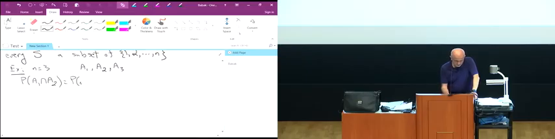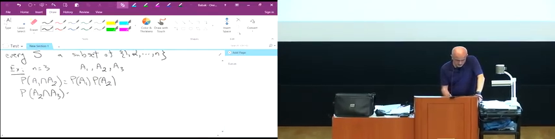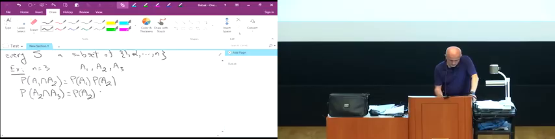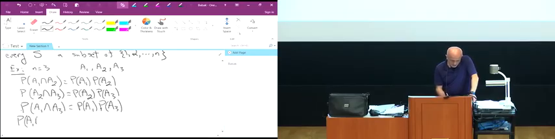Everybody. The probability of A1 times the probability of A2. What else do I need to test? A2 and A3 must also be the product. And what else? A1 and A3 must be the product of the individual ones. And what else? A1 and A2 and A3 is the product of the individual ones.